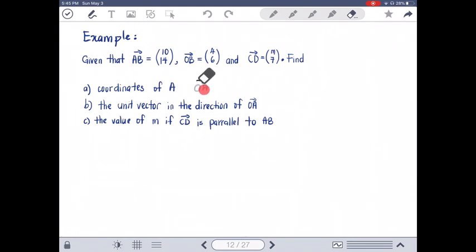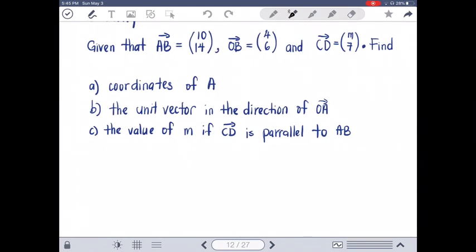So back to basics. We are given vector AB. And from the previous lecture, we know that vector AB, in terms of position vectors, is just back minus front, which becomes OB minus OA.